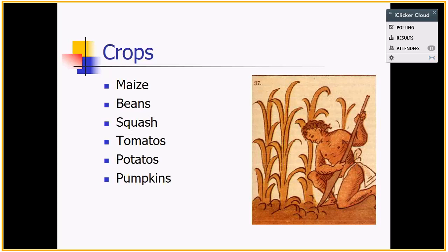The three most important crops here are maize, or maize for us gringos, corn, beans, and squash. And together, these are known as the three sisters.